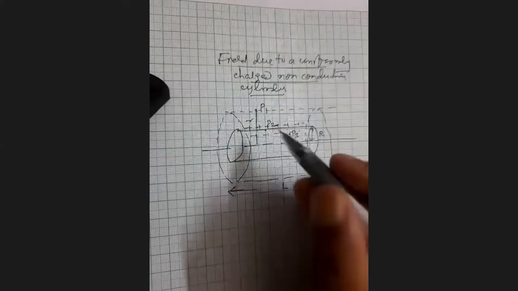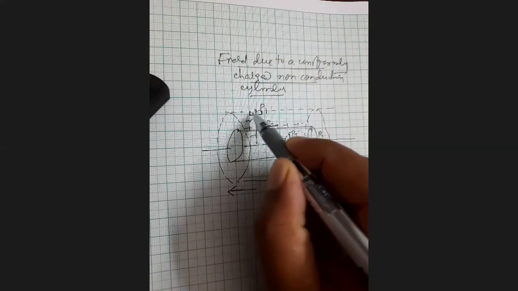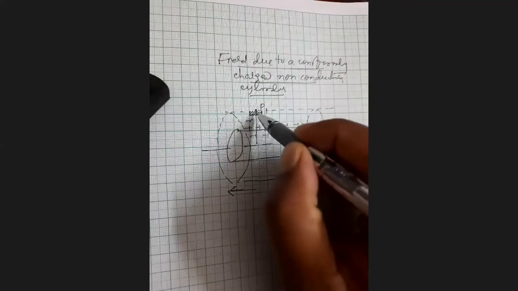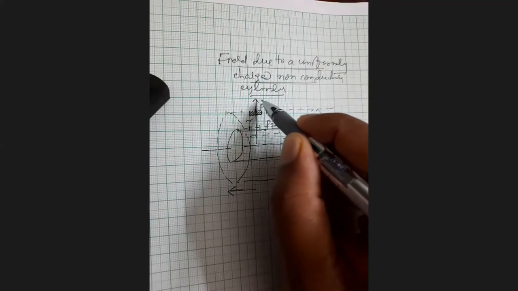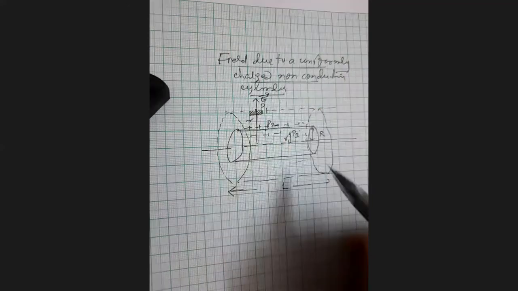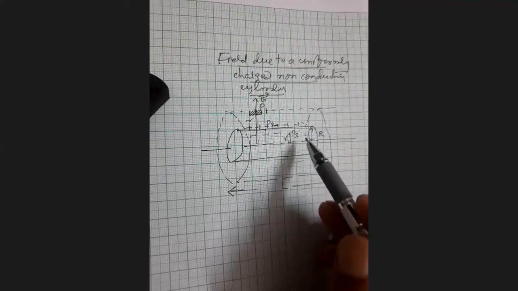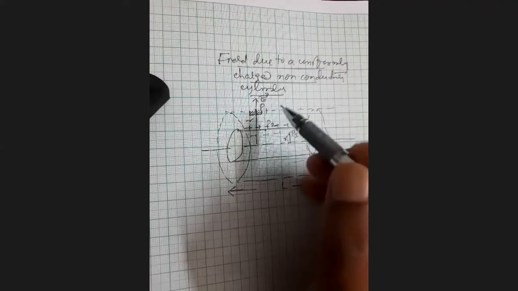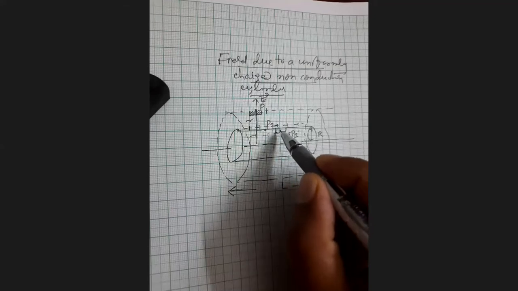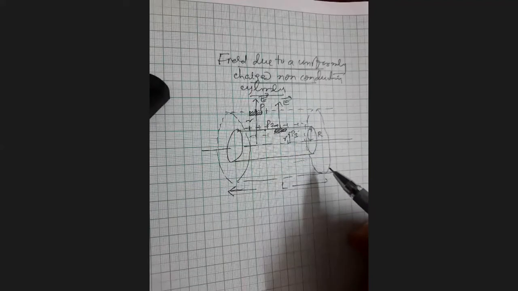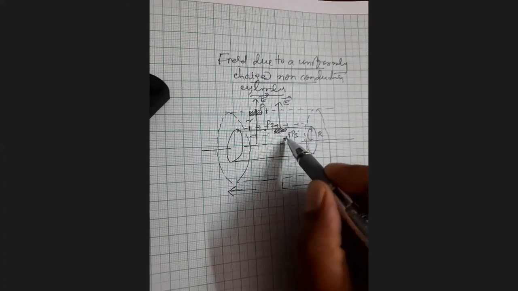If you consider a small area element on this curved surface, the field direction, according to our previous discussion, is radially outwards because it is positively charged. Suppose the cylinder is negatively charged, the field direction will be radially inwards. Therefore, for any surface area element, the E bar direction is perpendicular to the surface, radially outwards.